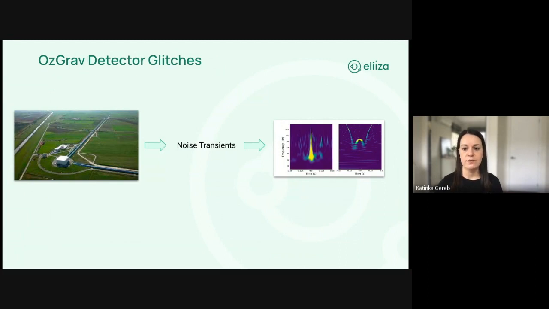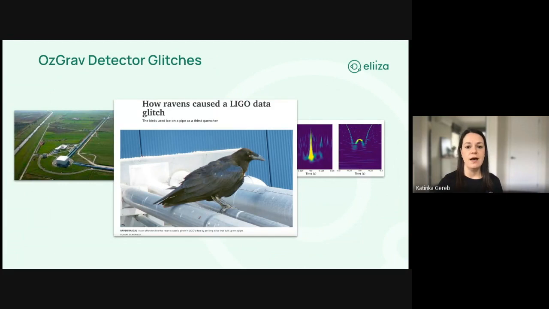So gravitational wave signals are very faint in general, and that's why we need very sensitive detectors, which are really great for catching the weak signals, but it also makes the detectors susceptible to picking up all kinds of instrumental and environmental noise transients. And these disturbances are what we call glitches, which kind of look like the features on the right. And if you Google what causes these glitches, this is one of the first things that comes up.